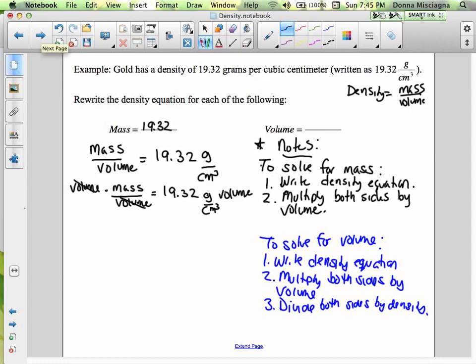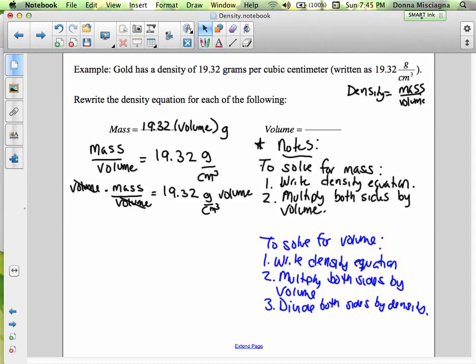The centimeters would cancel out, so 19.32 times the volume, and the unit of measure would be in grams. That's what I'm trying to say. So here's how, if we're looking for mass and we're given density and volume, we'll find it.